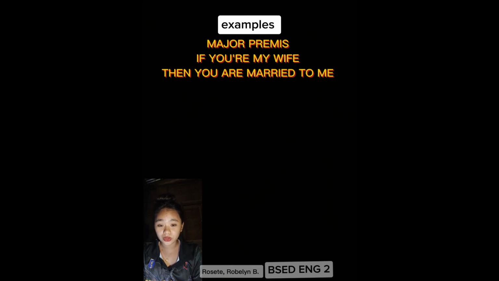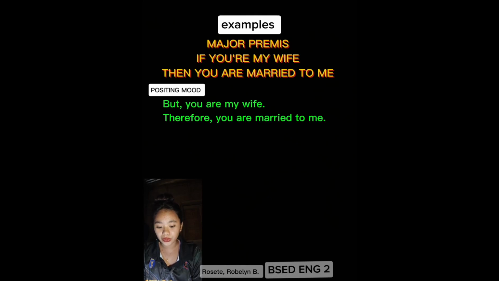In posetting mood, ganito yung mangyayari: but you are my wife, therefore you are married to me. Kumbaga positive siya, di ba? Kasi sabi, yung posetting mood dapat true siya lahat. Kung true yung antecedent niya and the sequence is valid, dapat yung consequence is true. Yun yung nasa rules natin.